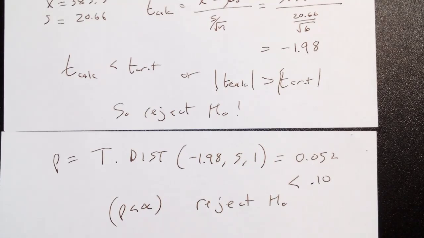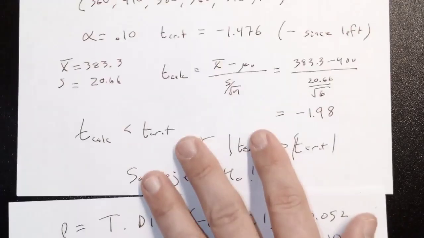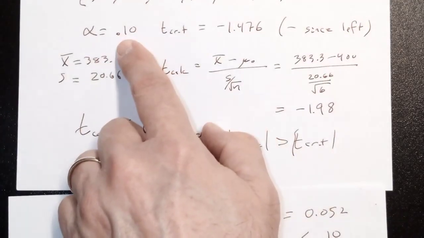Please note, here's an interesting statement. Mike, if I'd chosen the null hypothesis you wanted, that it's either equal to 400 or not equal to 400 for the alternate, then I would cut the area in half, right?